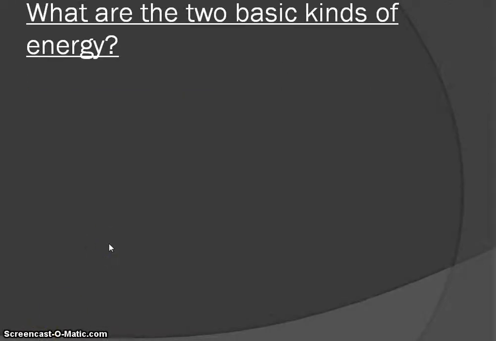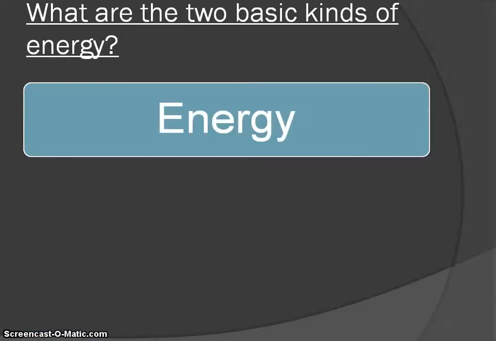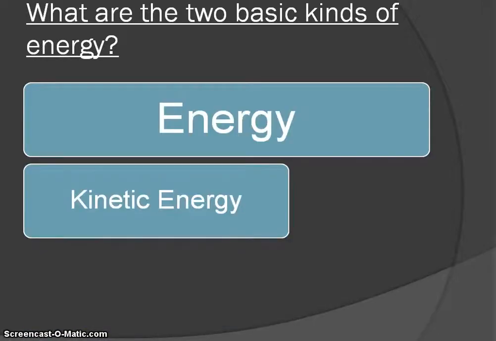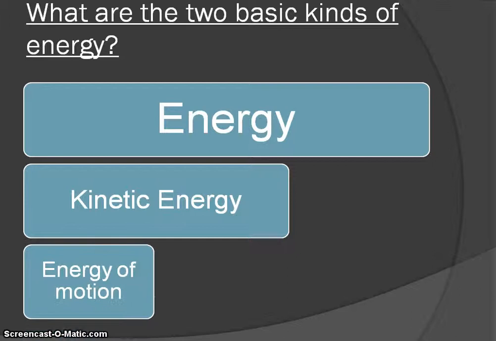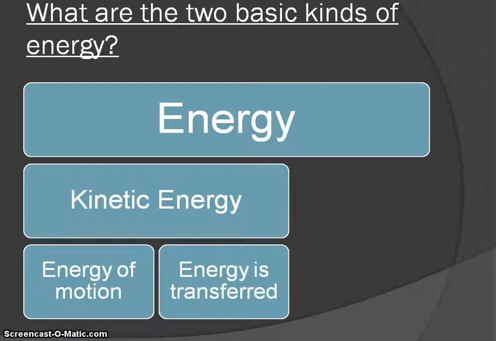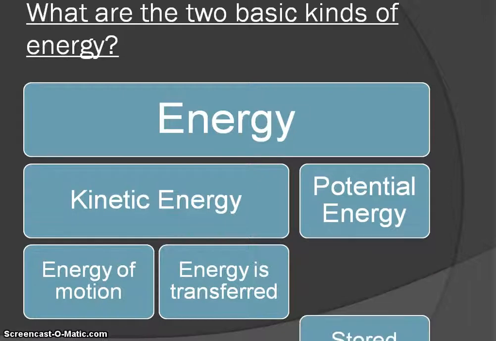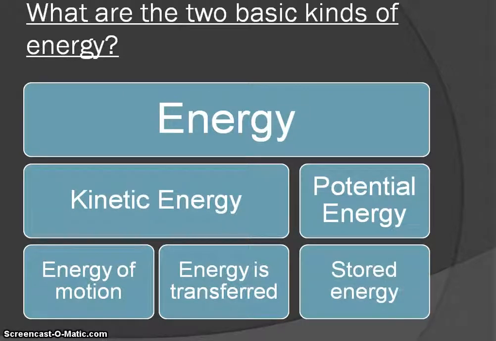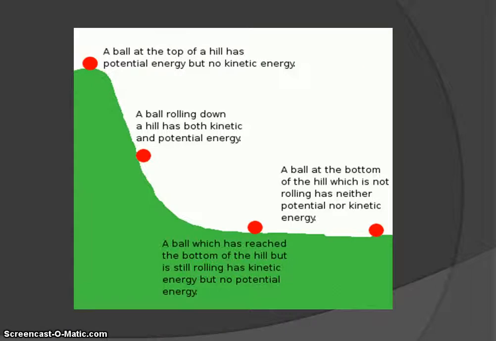What are the two basic kinds of energy? Energy is divided up into kinetic energy, which is the energy of motion, moving things. That energy is also transferred. And potential energy. That's stored energy. Let's look at an example.